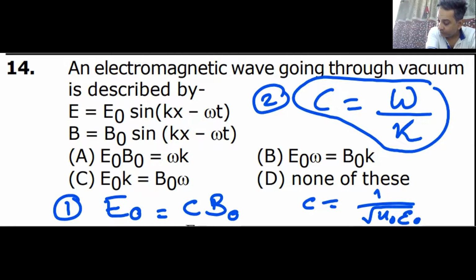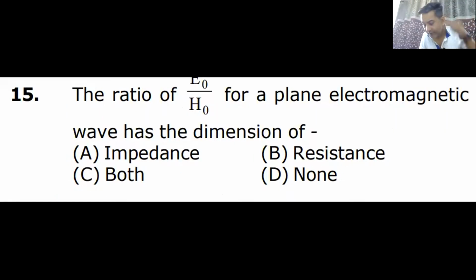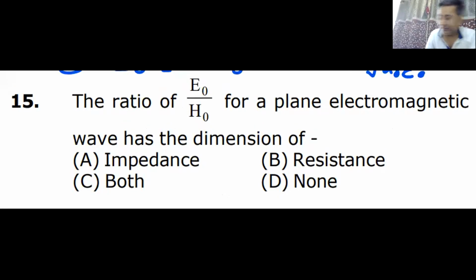One more. These types of questions are going to come and I will show it to you. Don't worry. Can I have the answer for this one? E naught by H naught. Again, you will say what is H naught? This is magnetic field only. Magnetizing field or magnetic field doesn't make much of a difference. The ratio of E naught by H naught for a plane electromagnetic wave has a dimension of what?